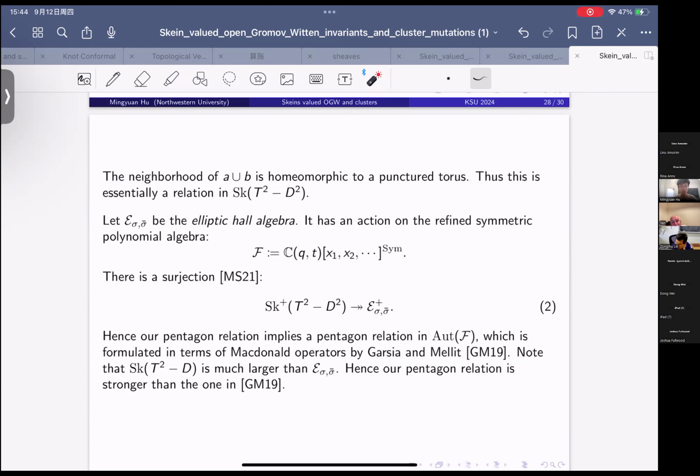So I'm just wondering, especially since you mentioned local systems, did you see any relation to the affine Grassmannian? Sorry, I haven't thought about that, but that might be something interesting to explore.